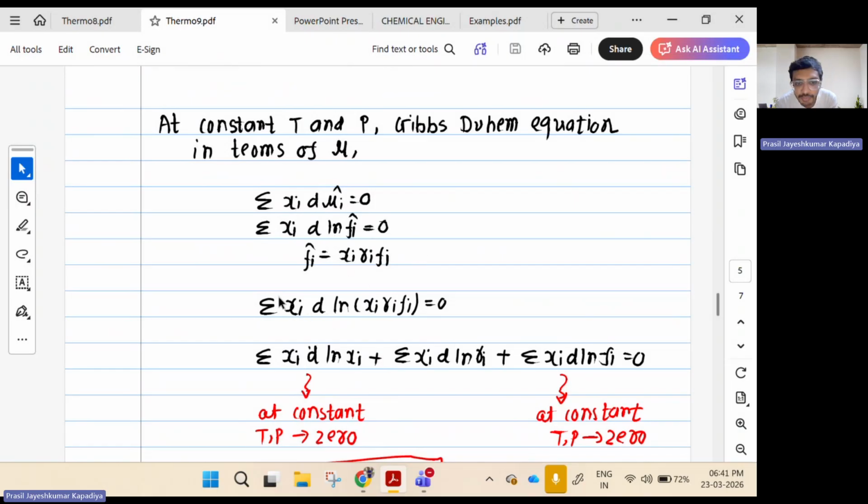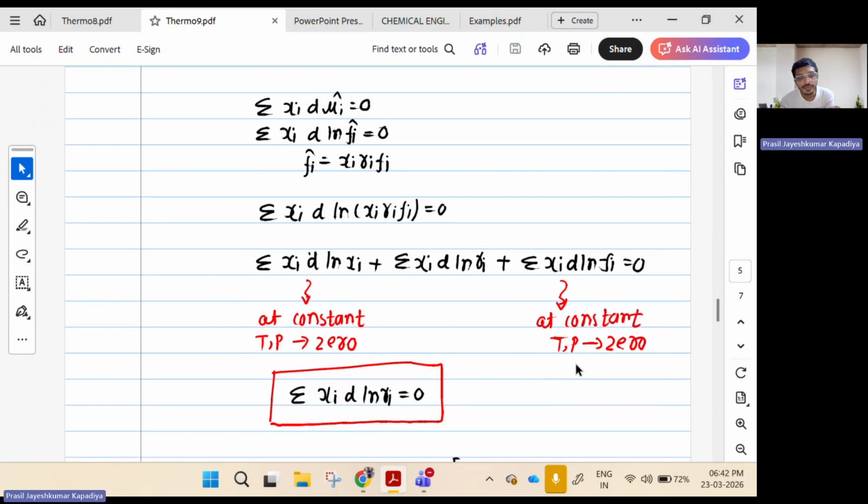So we are left with summation of xi d ln(xi gamma i fi) equal to 0. If I break this term, xi d ln xi plus xi d ln gamma i plus xi d ln fi is equal to 0.